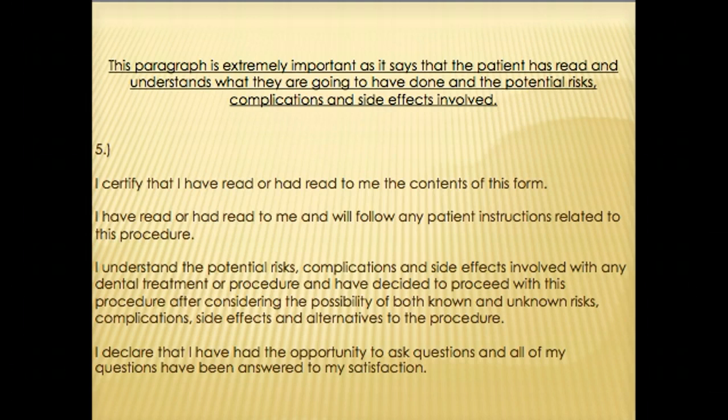I understand the potential risks, complications, and side effects involved with any dental treatment or procedures and have decided to proceed with this procedure after considering the possibility of both known and unknown risks, complications, side effects, and alternatives to this procedure. I have also declared that I have had the opportunity to ask questions, and all of my questions have been answered to my satisfaction.